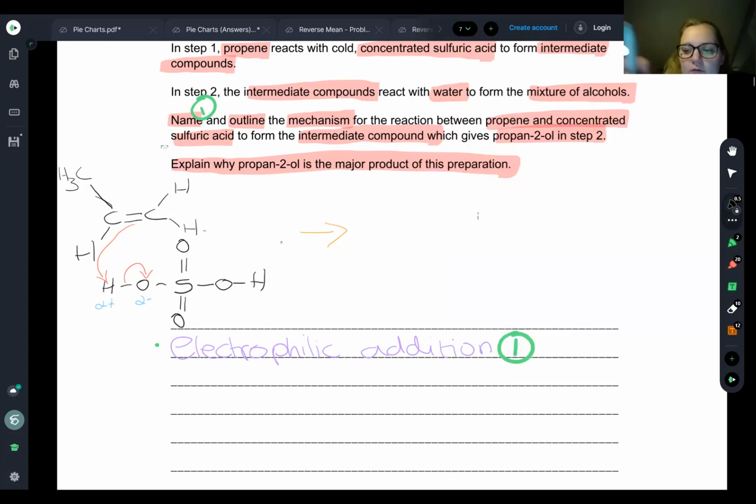So what has happened here? We've now got our intermediate, we've got our carbon to our carbon. We've now got a hydrogen here because we've got rid of that double bond. And obviously that hydrogen has come from that sulfuric acid. So that's come up here and we've made that bond there.